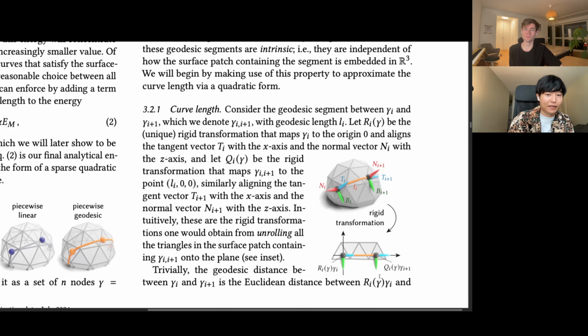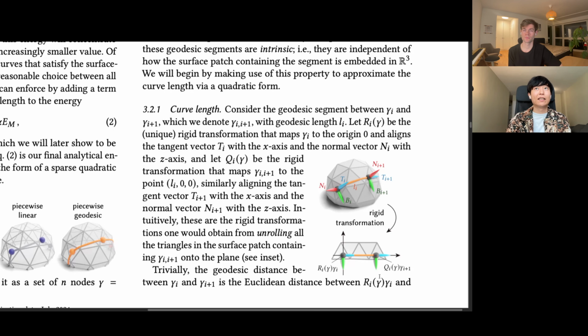So to do this, instead of considering the length on the curve's domain, we first apply a rigid transformation and map the two points that bound this segment onto a single plane, such that one point gets to the origin of that plane, and the other gets onto a point on the x-axis, like the bottom right figure over here.